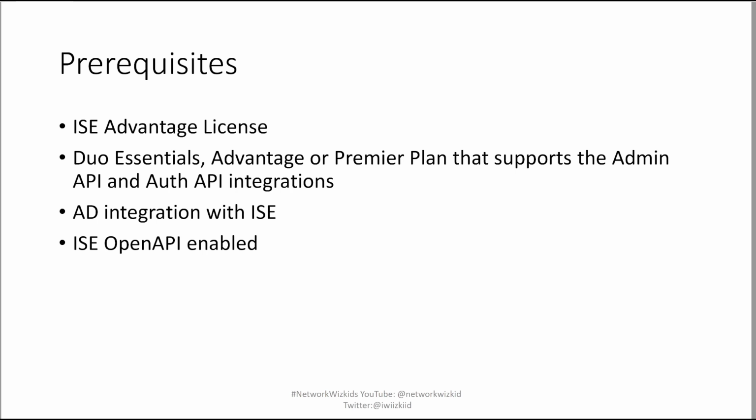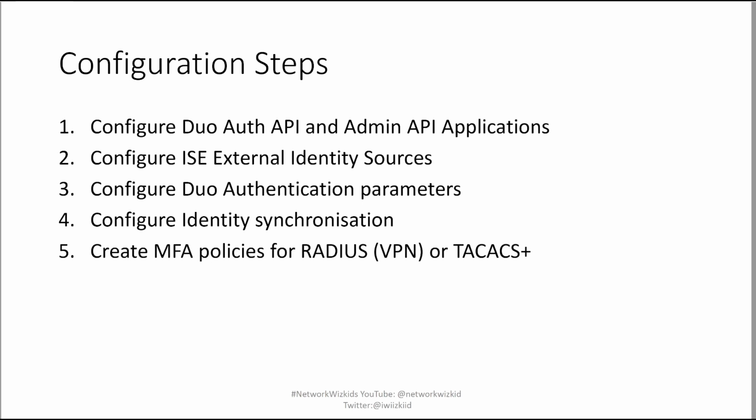So we've got Duo Essentials, Advantage, and the Premier plan that supports the admin API and auth API integrations. Then we need to make sure that Active Directory is integrated with ISE for that primary authentication. And lastly, we need to enable ISE Open API within ISE as well. We'll take a look at these things when we get to the demonstration.